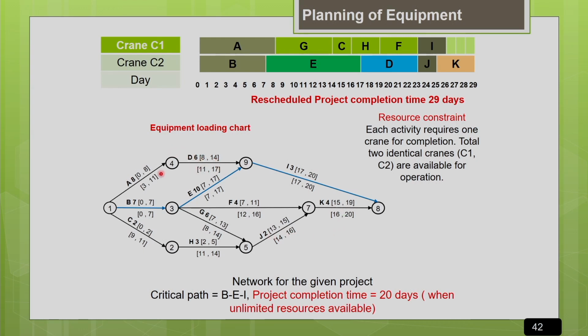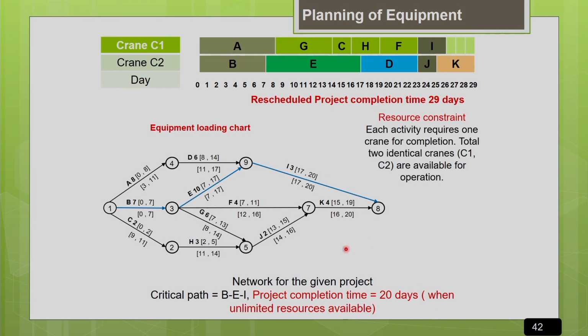Now let us see how the resource allocation has to be done for this project. First, the network diagram is drawn, that is, the scheduling is done, assuming that resources are unlimited. But everyone knows this cannot be a real case. In every project site, there will be a constraint on resources. Resources are never unlimited. Assuming they are unlimited, the project completion time is 20 days.